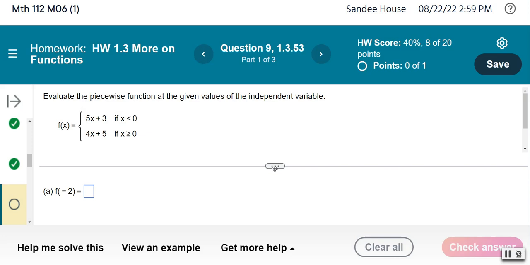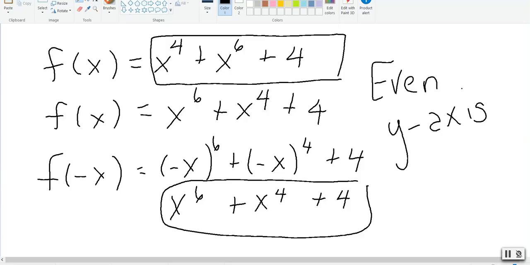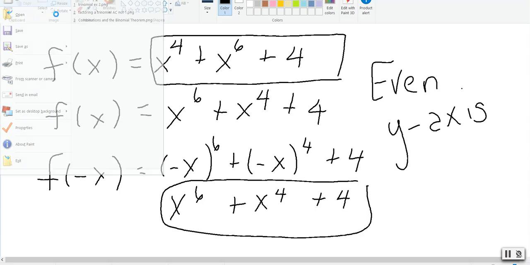Okay, now we're going to look at what's called a piecewise defined function. So let's talk about what it means to be a piecewise defined function.